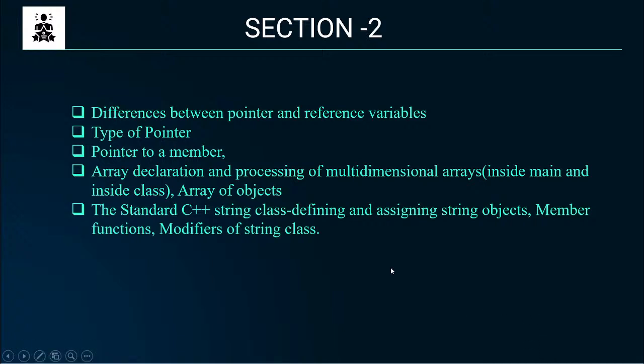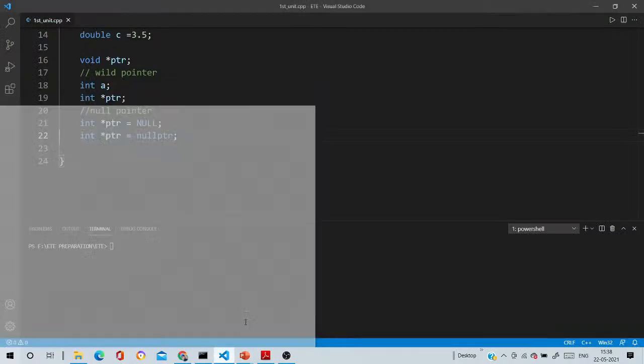Now come to the array. What is an array? An array is a data type which stores the same type of data in a continuous memory location. You can't store different data types in an array. You need to declare a single data type like int, float, double.